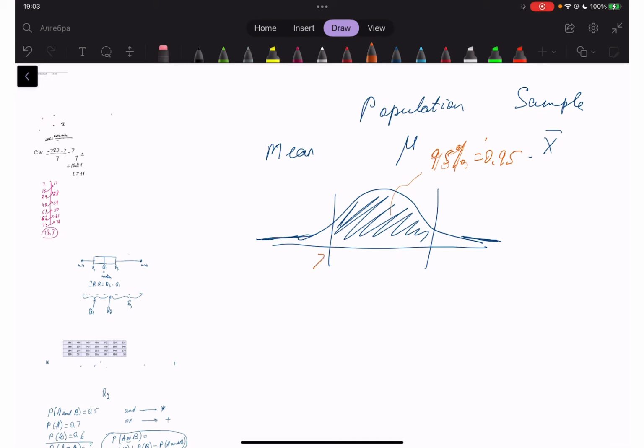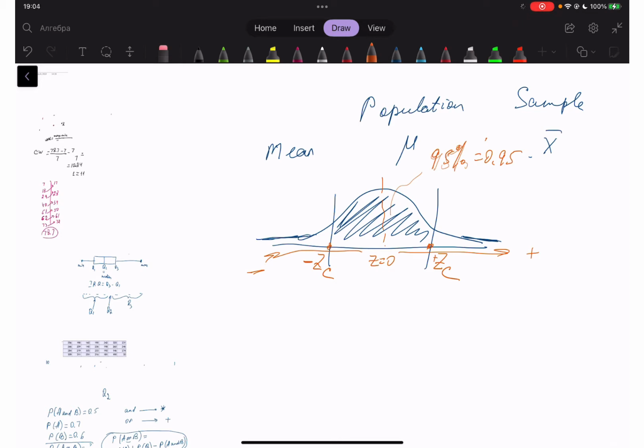Z critical are those. This is negative Z critical, this is positive Z critical, because the average here, Z equals always 0 when it's bell-shaped, yes? So below go negative numbers, above go positive numbers, therefore this point Z critical is positive, this point Z critical is negative.